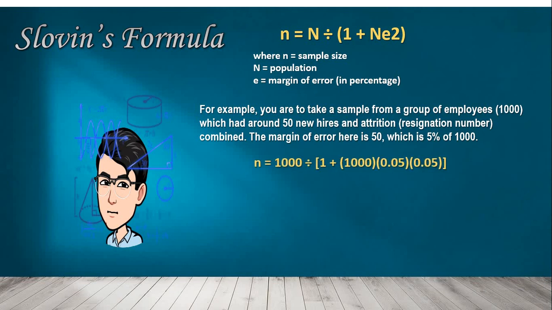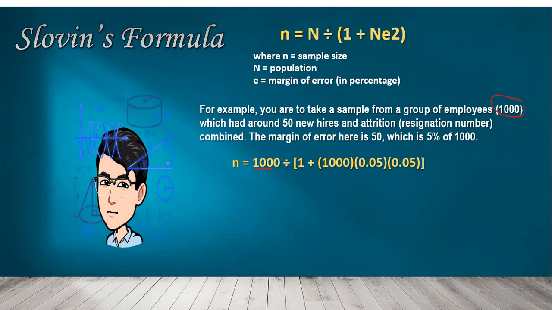Okay, so we have here N equals to 1,000. Itong 1,000 na to ang ating population.